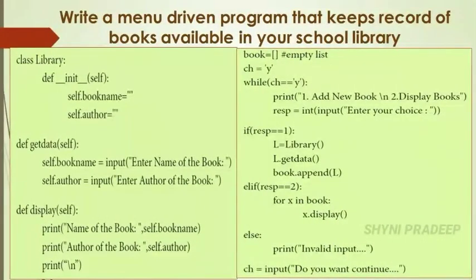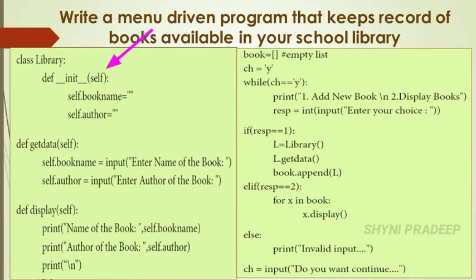See the next program. Write a menu driven program that keeps a record of books available in your school library. So in this program we have to keep the record of books available in your school library. Okay. class is the keyword, Library is the class name. Next, the constructor is defined.